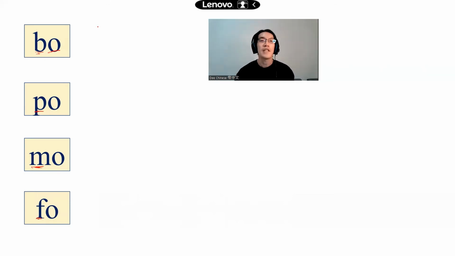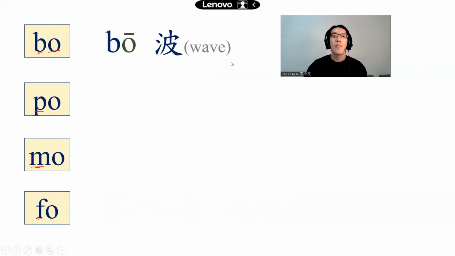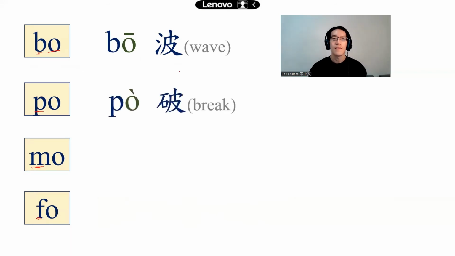Let's take a look at the first example. The first example here is bo, which means wave. And the next one is po, which means to break something.